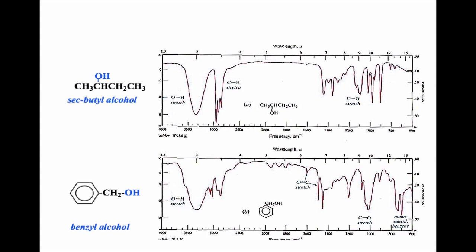It's very parabolic, right? It's symmetrical for the most part, right? It's a fairly symmetrical but broad stretch out here around 3,300, okay? So wait, 3,300, that's about where an alkyne also appears, right? We saw that in the previous slide, but how do I know that that's not an alkyne? Because it's broad. That's right.